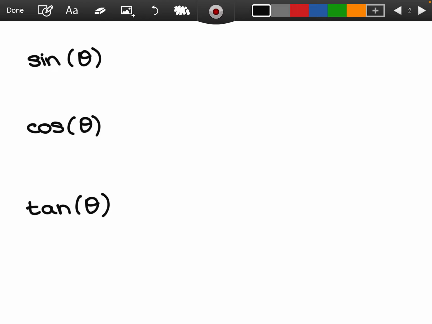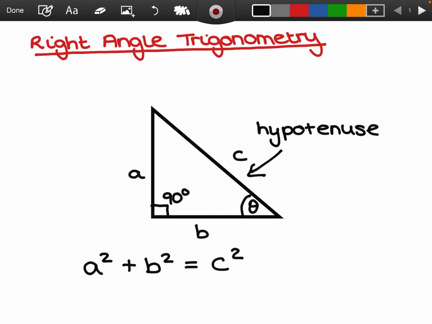Okay, that angle theta can be anything, but right now we are going to look at it in terms of this right triangle. And the question is, how do we find out sine, cosine and tangent? Okay, they're just functions of an angle, just like f of x is a function of x. This is a function of the angle theta.